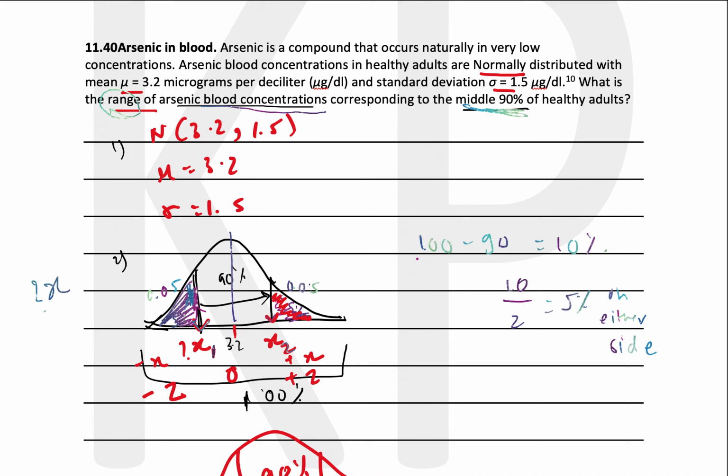So another key piece of information that we can make use of is the symmetry of the curve, and that's the first key.